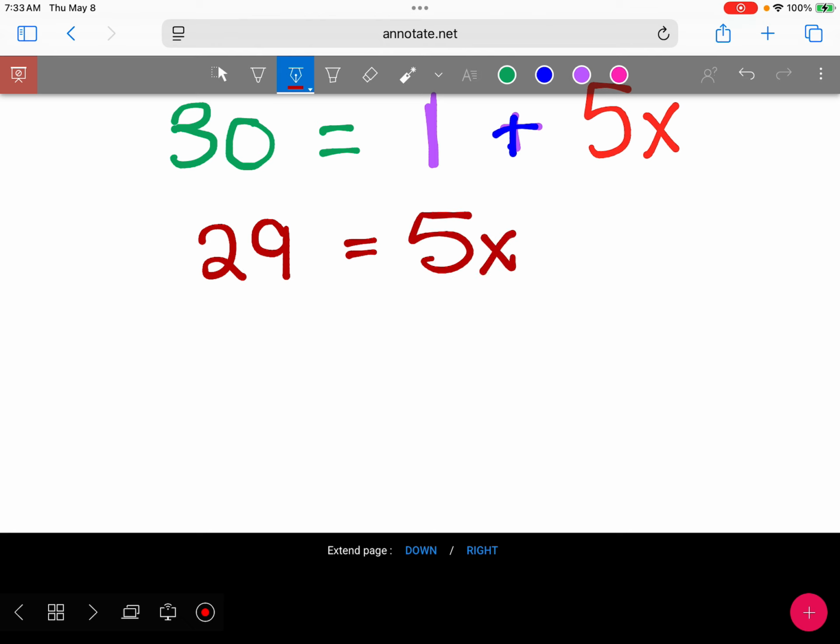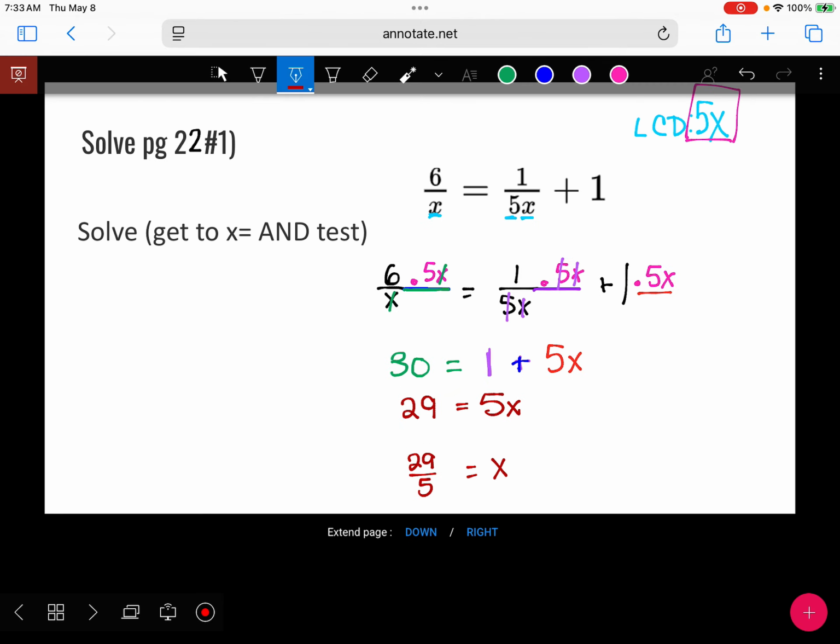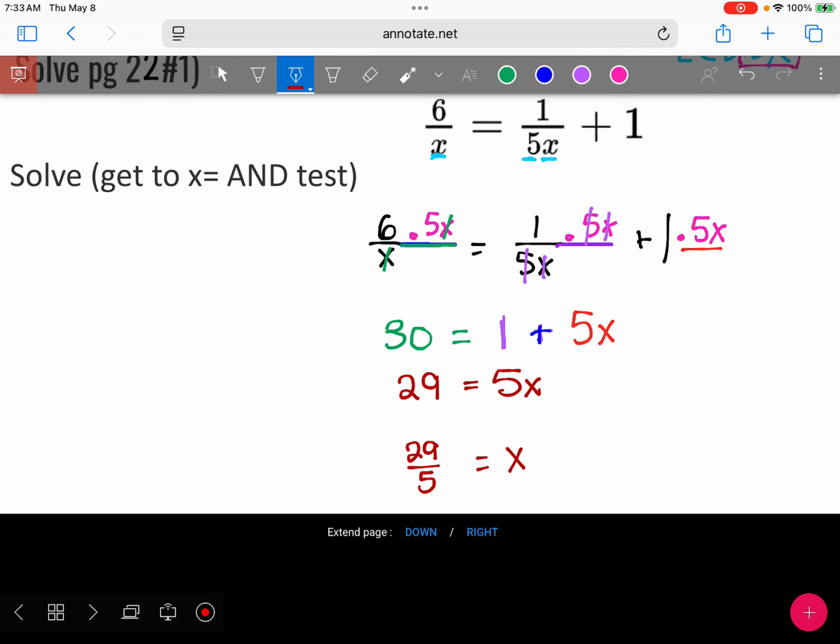Then divide by 5 on both sides. So we get 29 divided by 5. You can put that as a decimal if you want, or we can leave it as a fraction. 5.8 sounds about right. That's totally fine. That equals 5.8. So that gives us our solution. That's our solve.